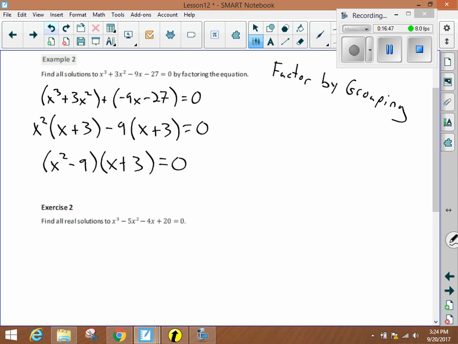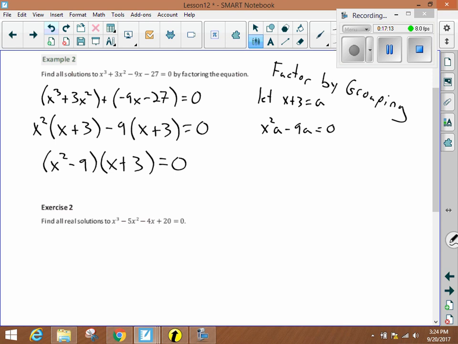So that actually works. Now imagine this. Imagine if I was to let x plus 3 equal a, for instance, right? Then I would have x squared times a minus 9 times a equals 0.